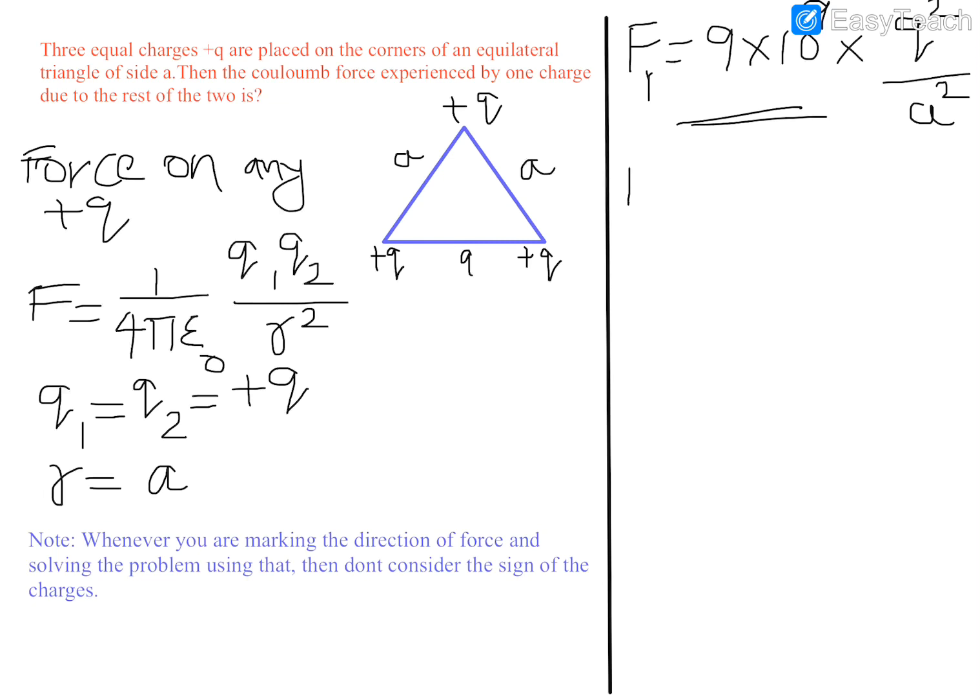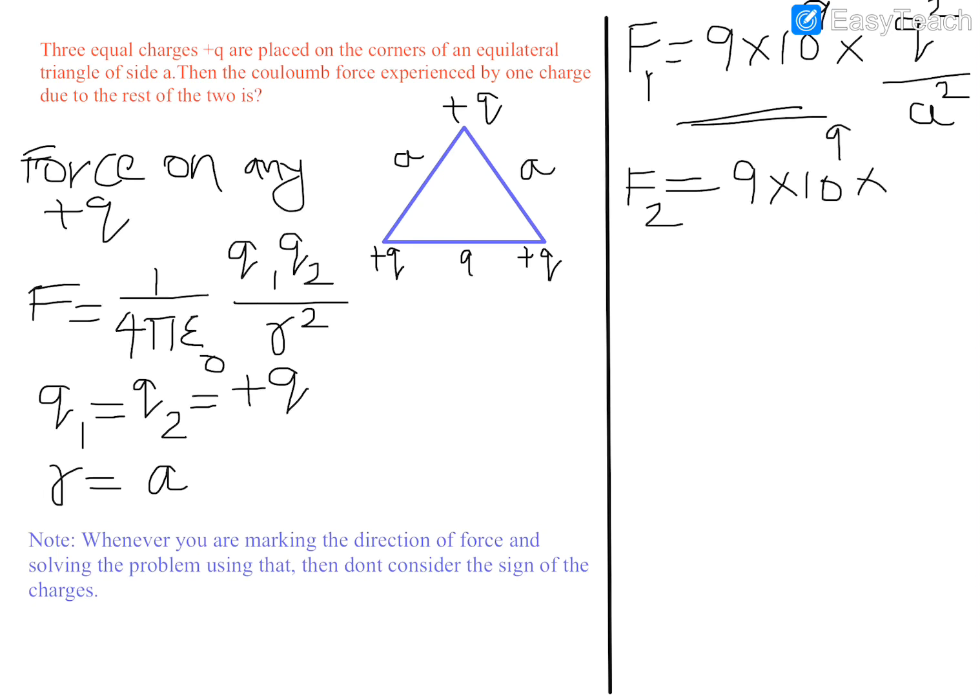Now F2 also you can find. What is F2? F2 means the force acting on plus q due to this plus q. What will be the equation for that? It will be the same, 1 by 4 pi epsilon 0 q1 q2 by r square, where 1 by 4 pi epsilon 0 value is 9 into 10 raised to 9.